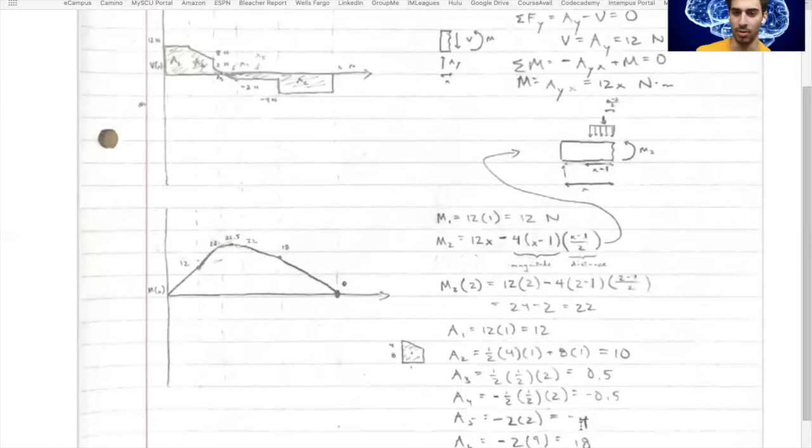So it goes down 4 and then down another 18. This is supposed to be a negative sign right here, -18, because there's this large area right here. It's 9 by 2. And that brings it from 18 down to 0. So these both end at 0.